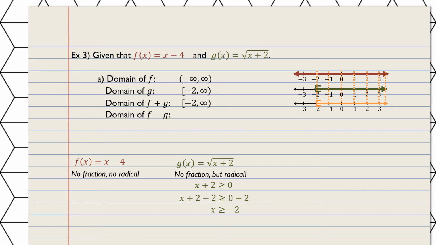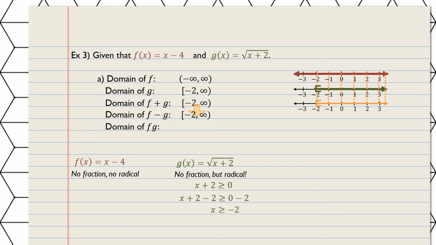Now we're going to look at the domain of f minus g. Now recall, f minus g is also the intersection of the two domains, which means it's the exact same as f plus g. So the domain of subtraction of the two functions will be bracket negative 2 to infinity.